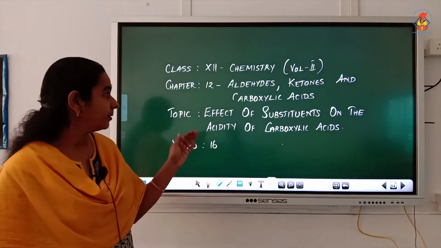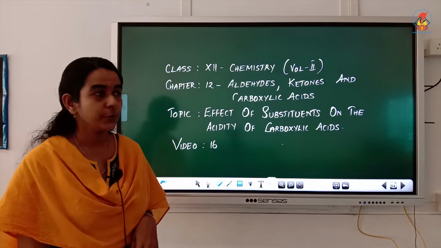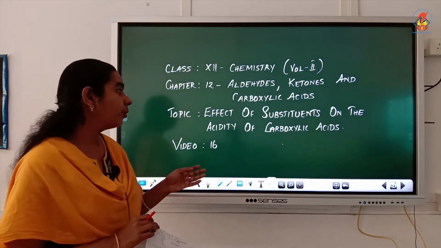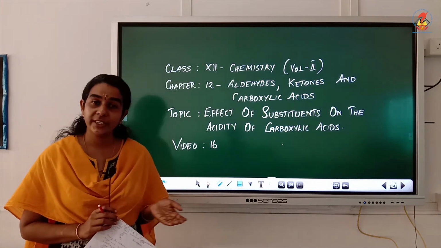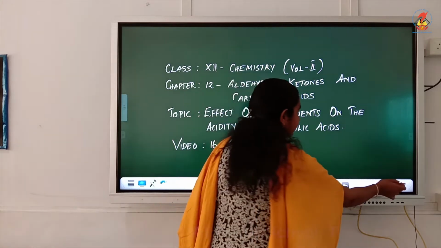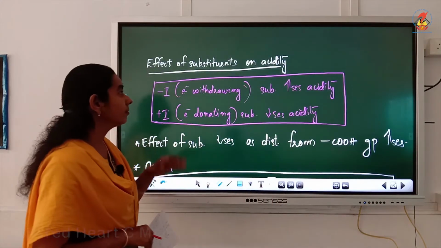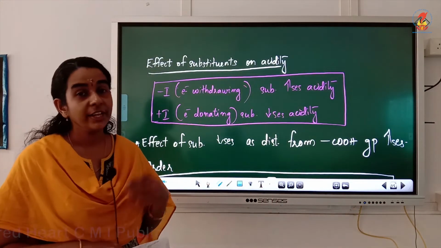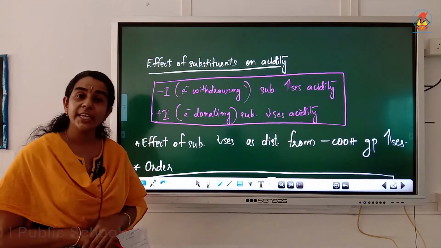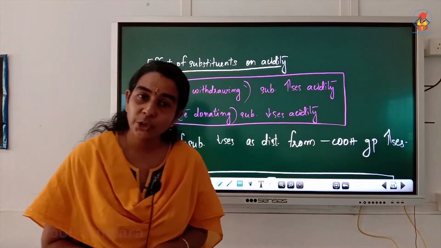Next we have the effect of substituents on the acidity of carboxylic acids. How the substituents can affect the strength of carboxylic acids. We already studied in the previous chapters that minus I groups are known as electron withdrawing groups.